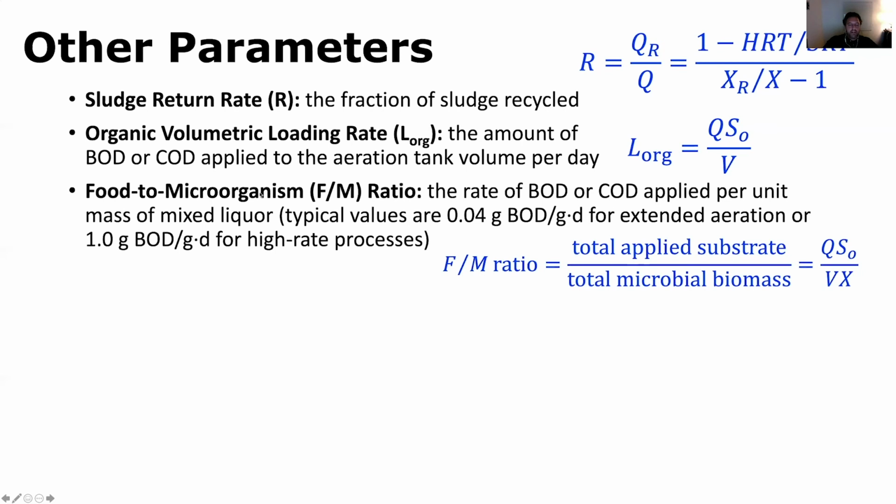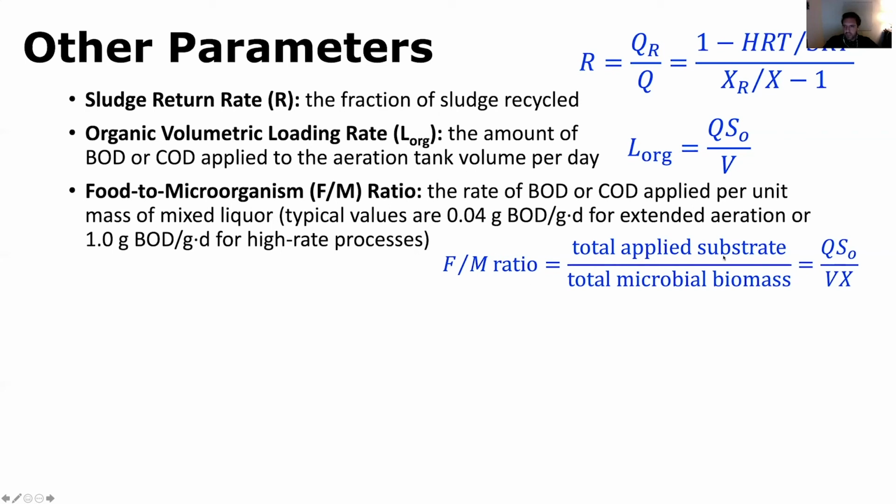The food to microorganism ratio is defined as the rate of BOD or COD, or the rate of substrate, that's applied per unit mass of mixed liquor. So typical values are 0.04 grams of BOD per gram of VSS per day for an extended aeration system, or 1 gram of BOD per gram of VSS per day for high rate processes.